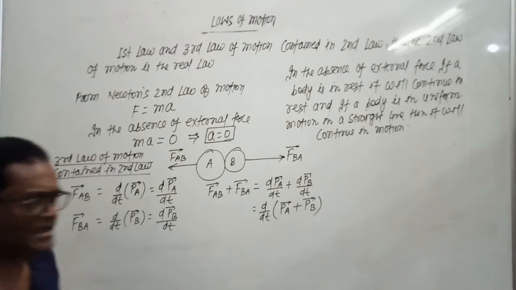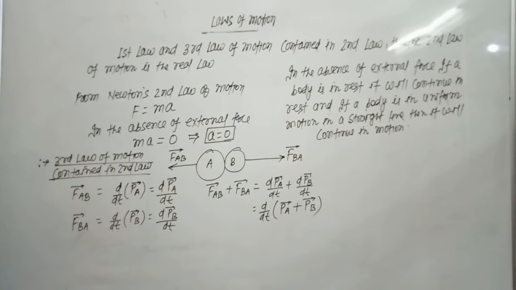PA is the linear momentum of body A, and PB is the linear momentum of body B.